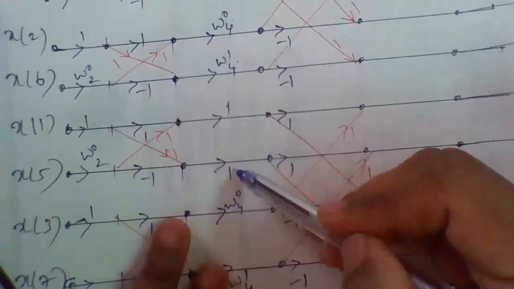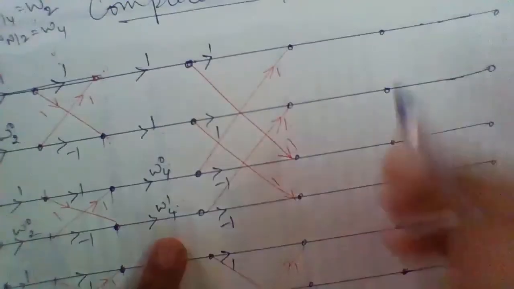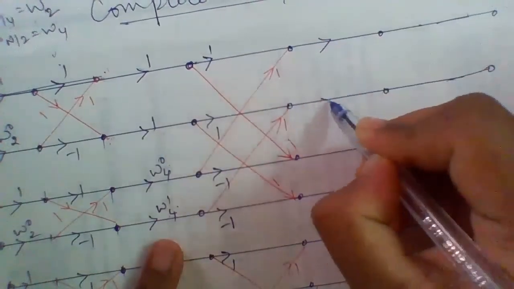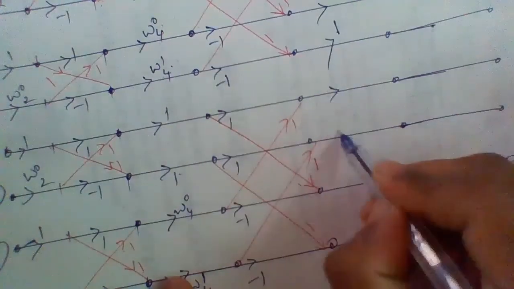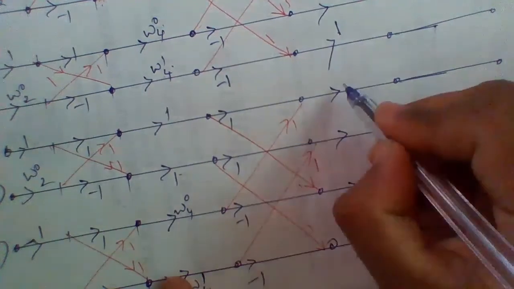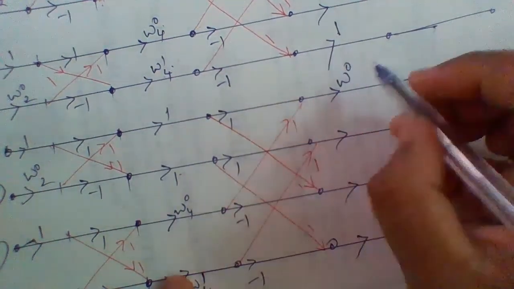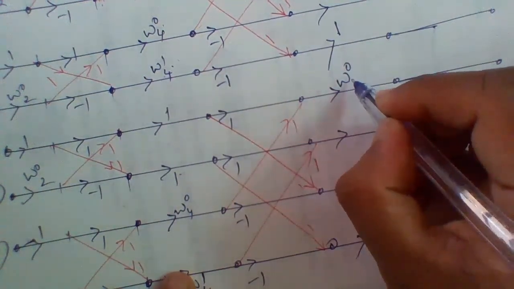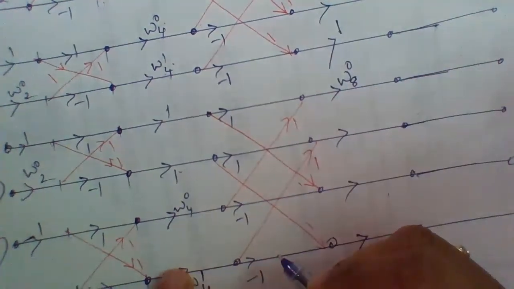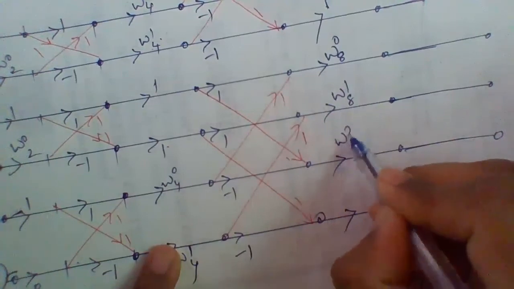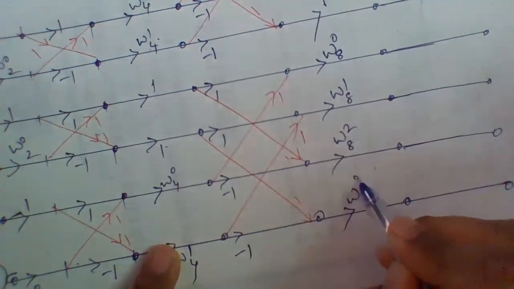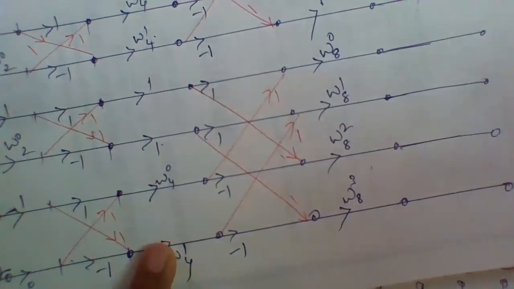1, 1, W raised to 0, 1. Now here obviously it will be 4 ones, 1, 1, 1, 1, and 4 twiddle factor values starting from W raised to 0. Now the suffix will be 8 because it is the third stage: 1 of 8, 2 of 8, 3 of 8.